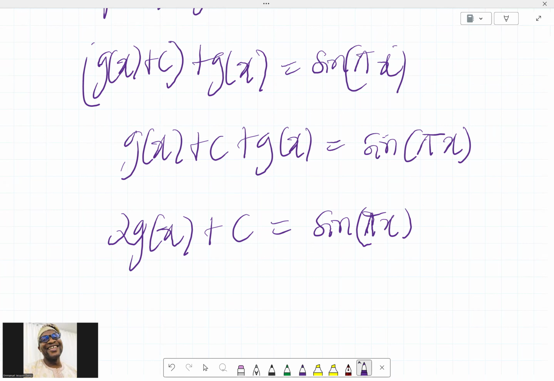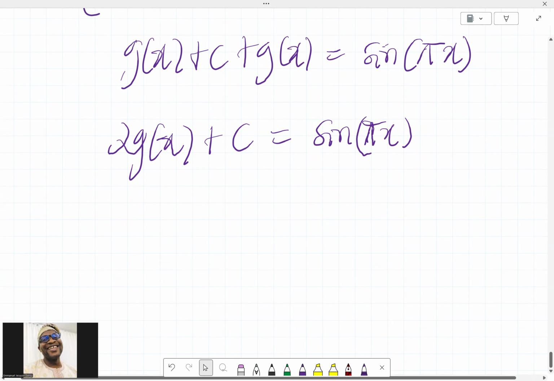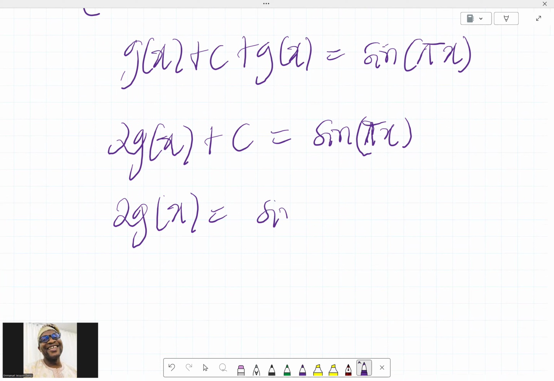So that tells us that 2g of x is equal to sine pi x minus c.